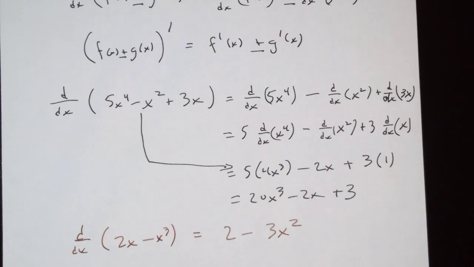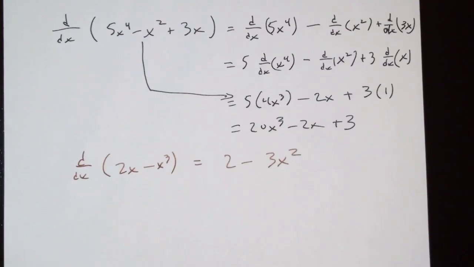This is a lot faster. Unless you are deliberately told to do the limit definition. Don't. Do this. But if you are told to do the limit definition, you should do the limit definition. Questions?